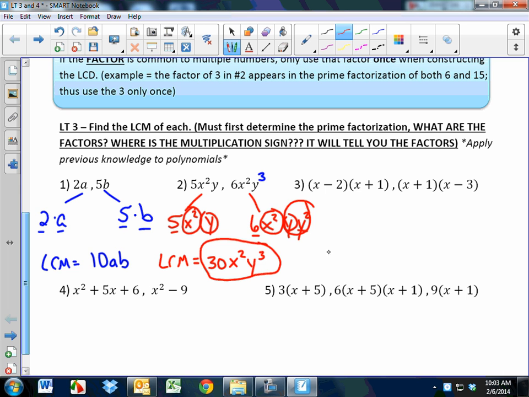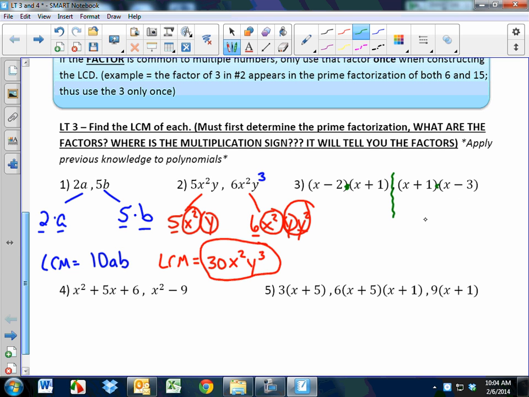Now, in number 3, 4, and 5, we shift from monomials to binomials and trinomials. So, first I'll exaggerate the comma. The multiplication sign is between this parenthesis and that one, and between that parenthesis and that one, which means the factors are x minus 2, x plus 1, x plus 1, and x minus 3.